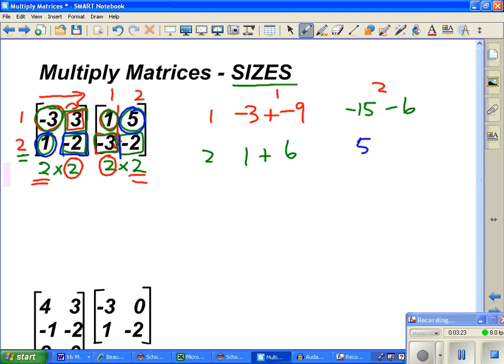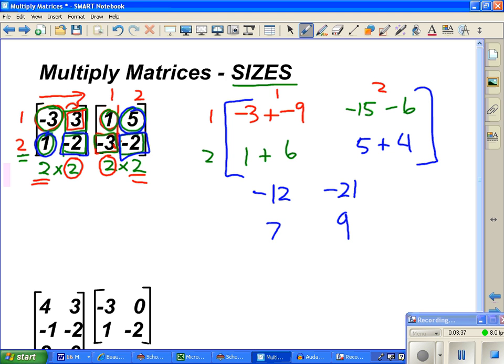And -2 times -2 is a +4. Okay, so here's my general matrix here. Now I just have to simplify. So I get -12, -21, 7, and 9. And notice I ended up with a 2 by 2, just like I thought I would.